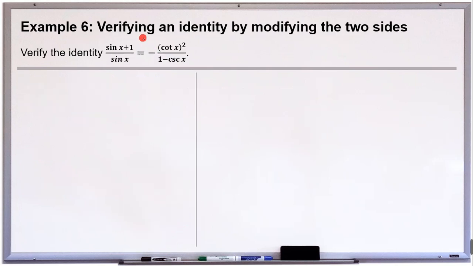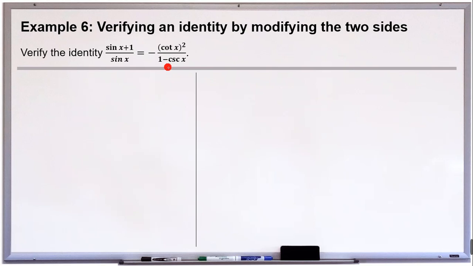Next, verify an identity by modifying the two sides. So here we're given an identity: sine x plus 1 all over sine x is equal to the negative of cotangent x squared all over 1 minus cosecant x. Both sides are complex, and the right side also contains some trigonometric functions other than sine and cosine.